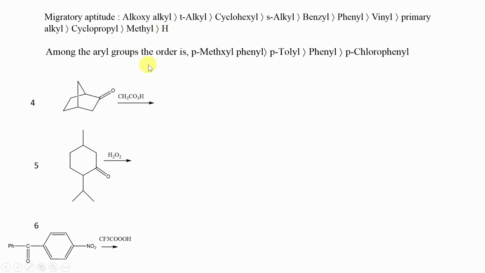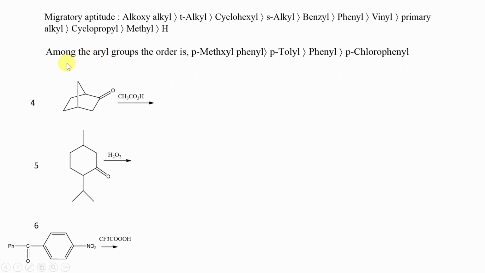Among the aryl groups, if substituted, the migratory aptitude is like this: p-methoxyphenyl, then p-tolyl, then phenyl, and then p-chlorophenyl. That indicates that as the electron withdrawing group is attached to a benzene ring, it has lesser migratory aptitude.